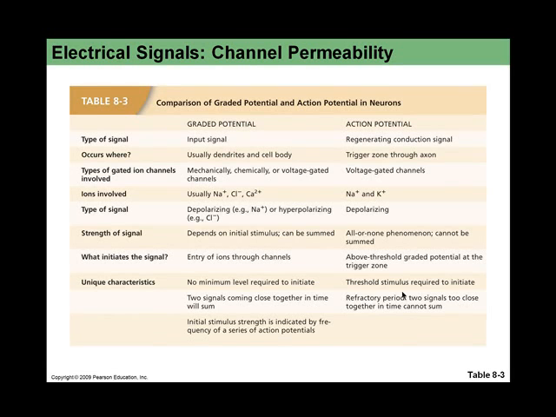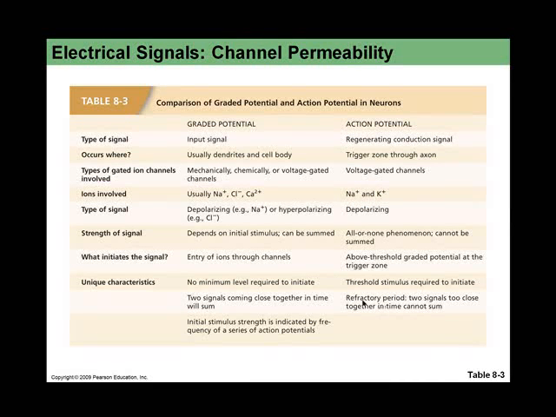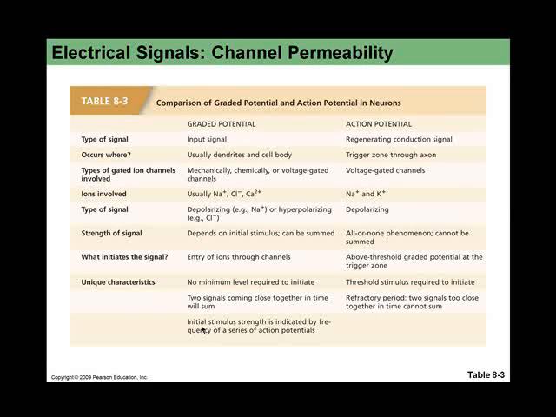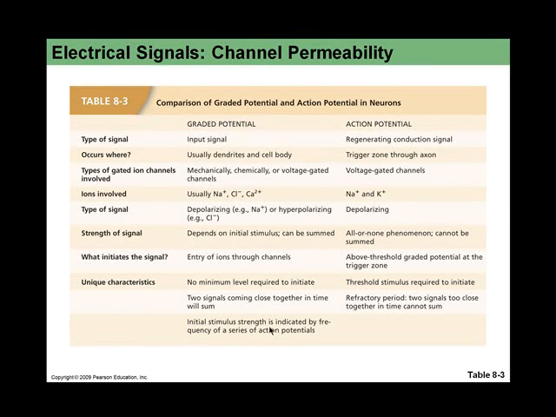So in other words, we have to think about the state of the population of voltage-gated sodium and potassium ion channels. Is the membrane ready to fire another action potential? If it isn't, it's refractory, and you can't do anything about it. You have to simply wait until it's ready again. So the initial stimulus strength is indicated by the frequency of a series of action potentials.